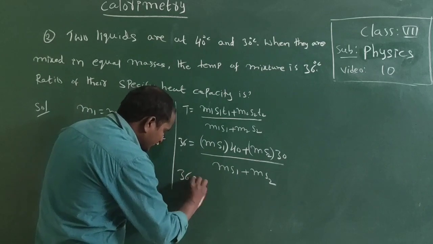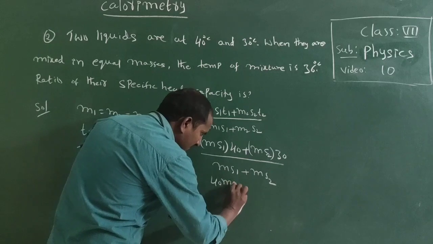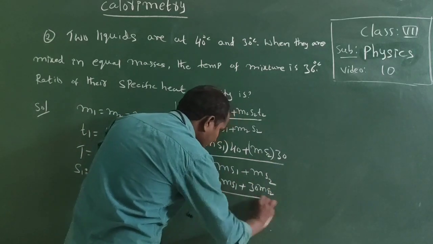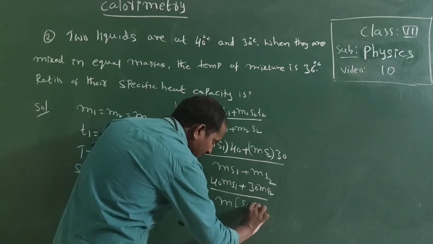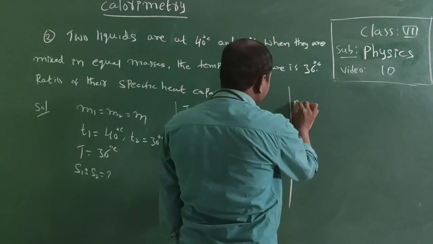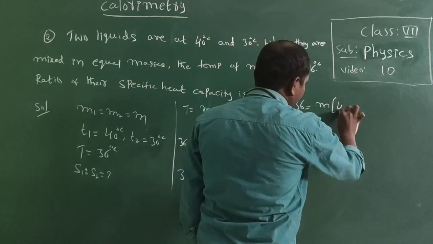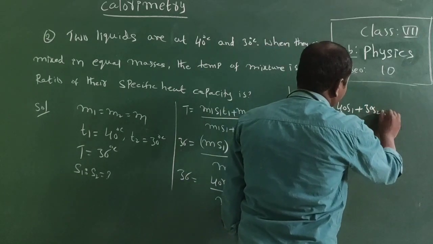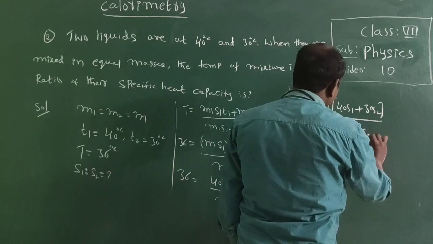So here 36 equal to 40 m S1 plus 30 m S2 by m into S1 plus S2. Therefore 36 is equal to m into 40 S1 plus 30 S2 by m into S1 plus S2.